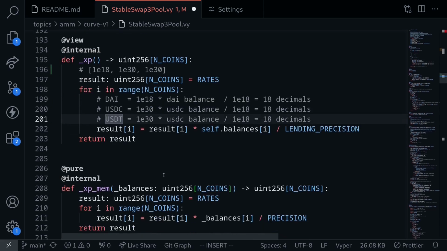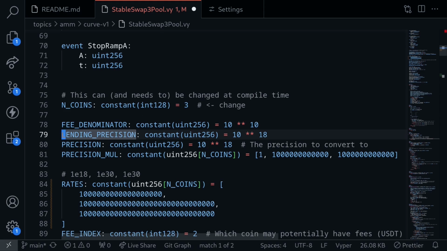So for the first iteration, result of i will initially hold 1E18, so this number will be 1E18 times self.balances of i. Again, the first coin is DAI, so balances of 0 will hold the DAI balance locked in this contract. DAI has 18 decimals, and then it divides by lending precision. Let's check out what the value of lending precision is. Okay, here it is. Lending precision is 10 to the 18.